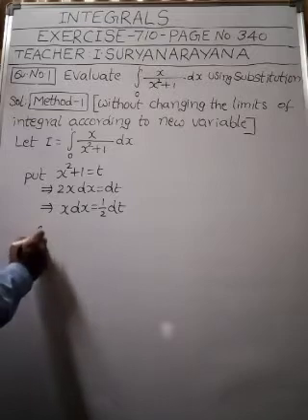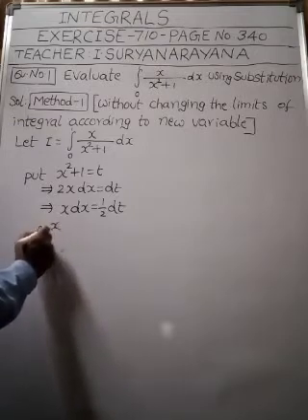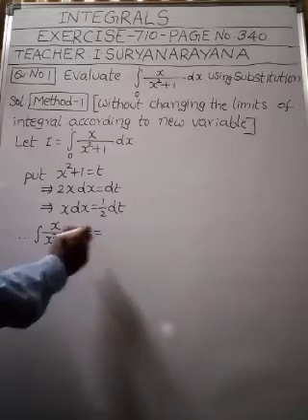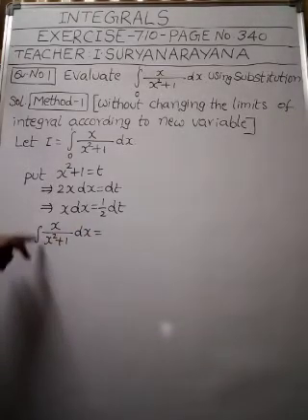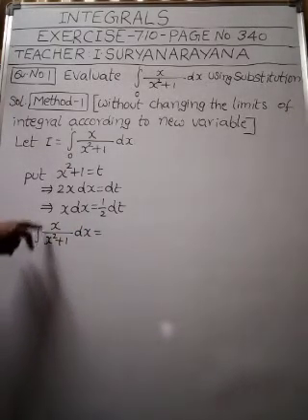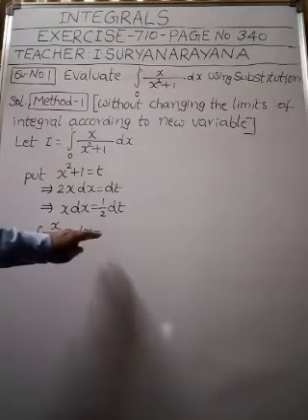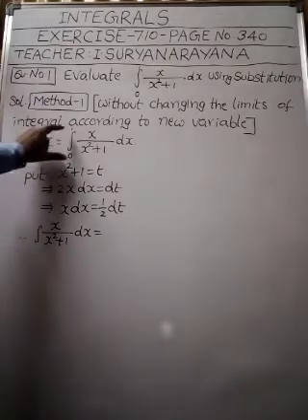Therefore, integral of x by x square plus 1 dx. Please observe this step, my children: I did not take limits. First I am finding the indefinite integral without taking the limits.